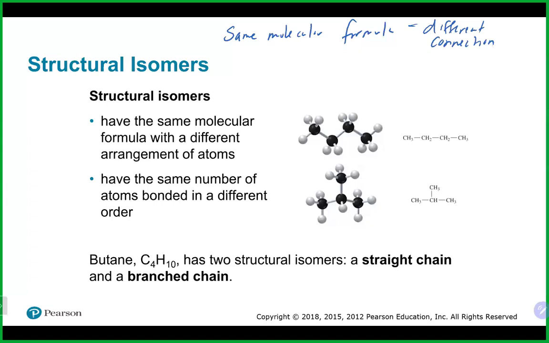So people oftentimes, when they go to draw isomers, will mess up in the sense that they will draw the picture differently and think that they drew something that is different, but they actually ended up drawing the same thing. So this is why what we've been talking about is really helpful.